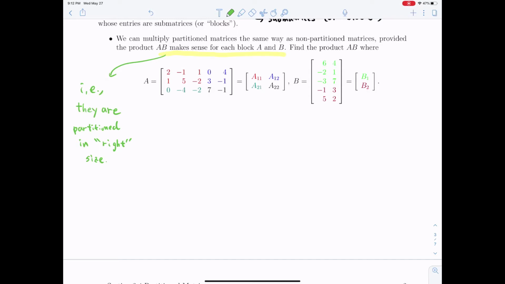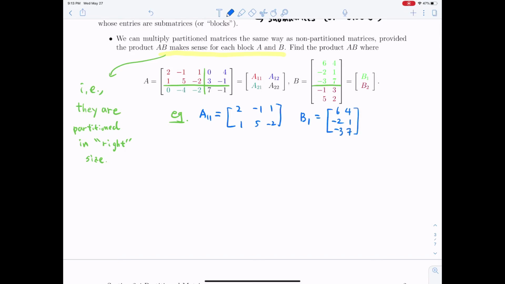For example, let's say you divide A this way and B that way. Then we have A11 equals 2, negative 1, 1, 1, 5, negative 2, and B1 equals 6, 4, negative 2, 1, negative 3, and 7.